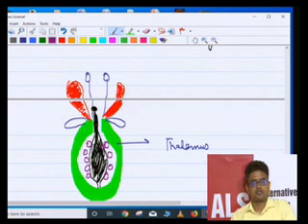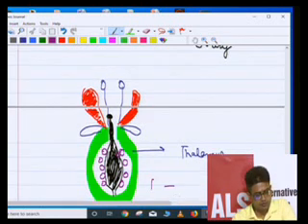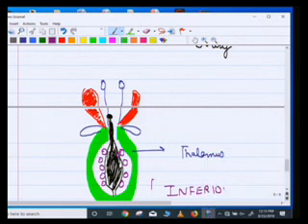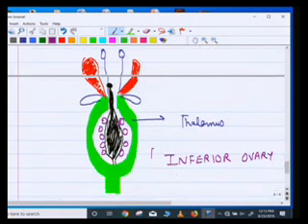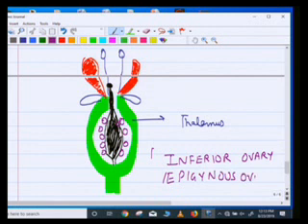So this is an example of inferior ovary condition. This is the inferior ovary. It is also called epigynous. Epigynous means above ovary. Epigynous ovary condition.